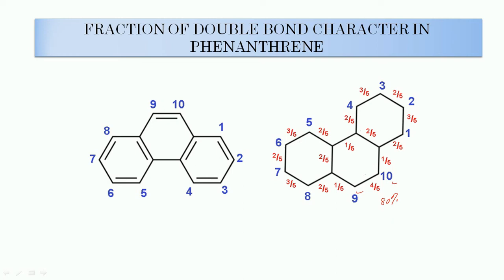This simply implies that the carbon 9 and 10 bond is the most reactive in phenanthrene, and it will undergo various addition reactions readily, similar to an ethylenic double bond.